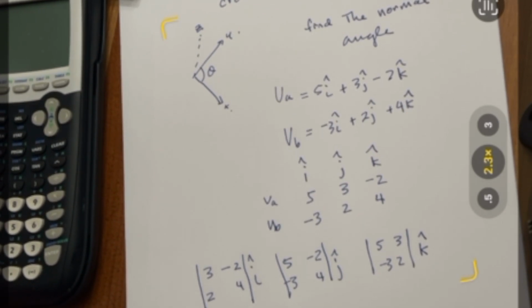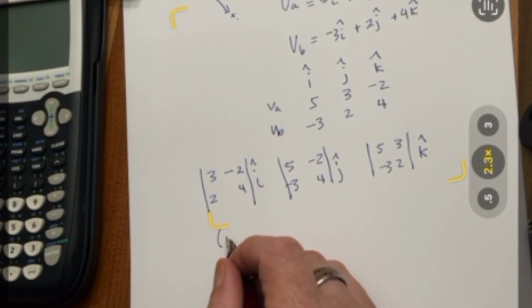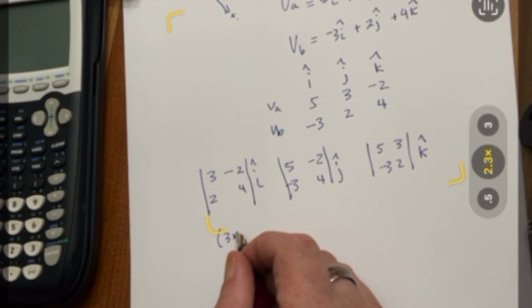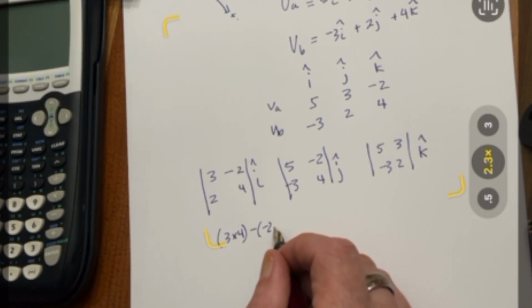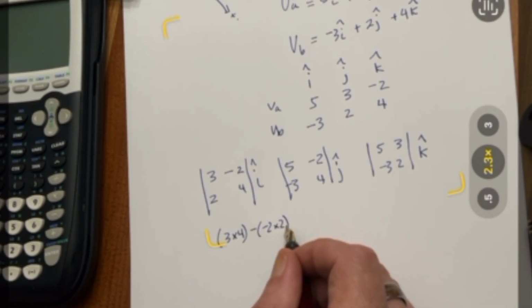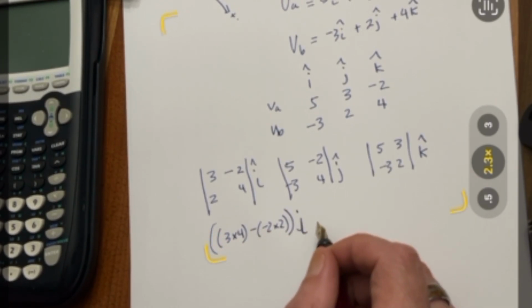Okay, now what we do is we cross multiply. That's why this is called the cross product. So what we do is we take 3 times 4 minus negative 2 times 2, and that's going to give us our i value.